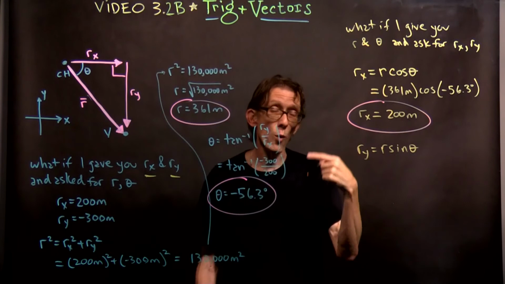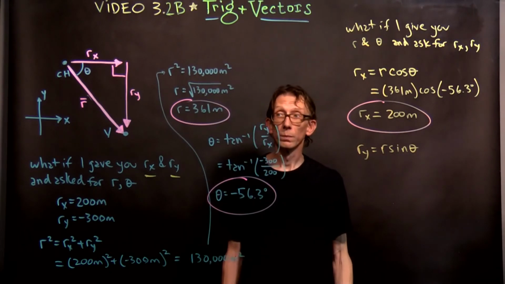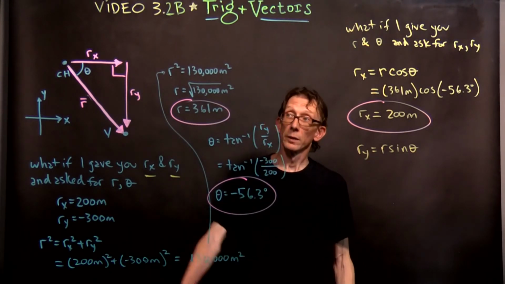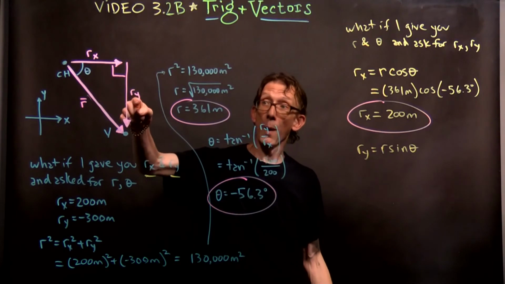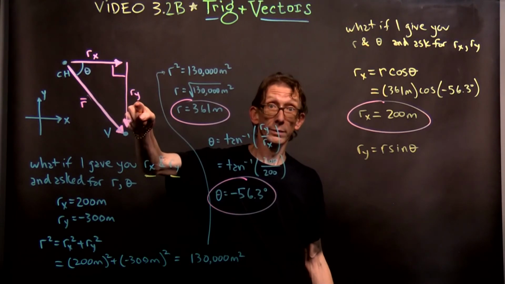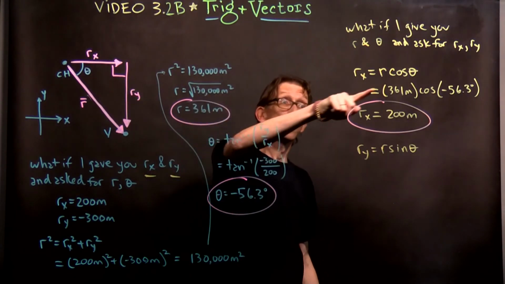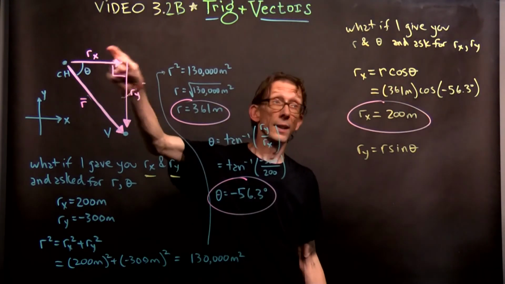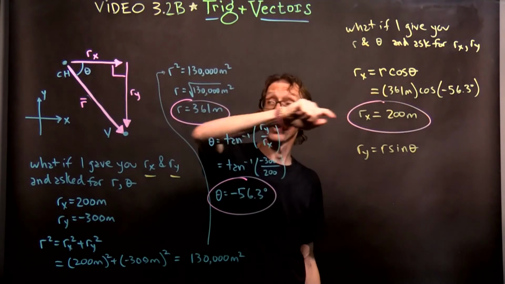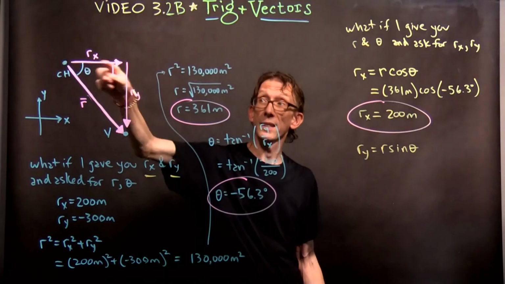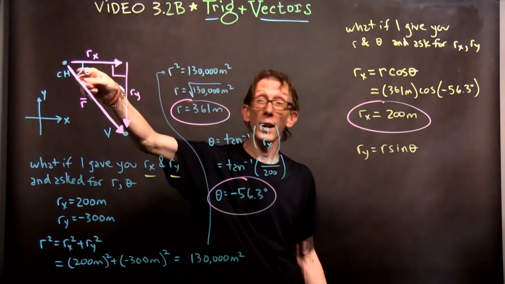Sine is opposite over hypotenuse. Okay. Here's our angle theta. Opposite, Ry. Right. Cosine is adjacent. That's why we had x there. So here, x corresponds to cosine in this problem because x is the adjacent side to theta.